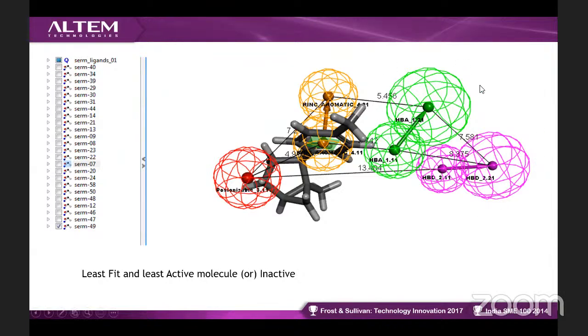So that's what is called an inactive molecule. So like this, you can map and you can study and you can draw conclusions: which molecule is highly active, which molecule is moderately active, and which is inactive.